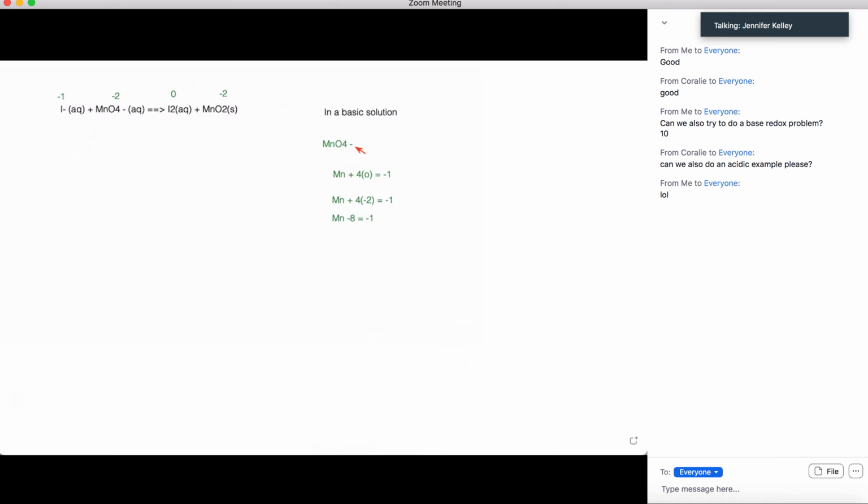All right, we're going to add 8 to both sides. And then what we have at the end is manganese is +7.